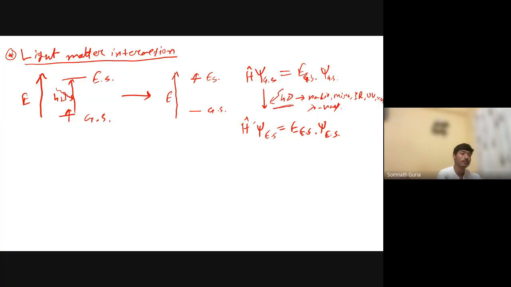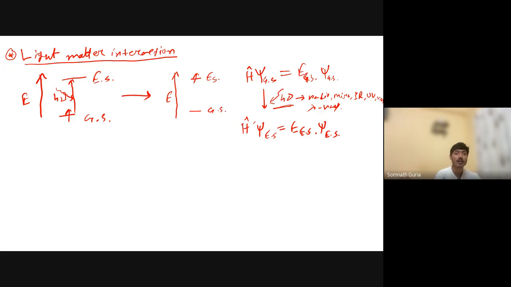So this perturbation gives me the light-matter interaction, happening through the absorbance of different light. It may be radio wave when we are talking about NMR spectroscopy. If it is rotational spectroscopy, then it will be the microwave. If it is vibration of the molecule, then it will be the IR frequency.